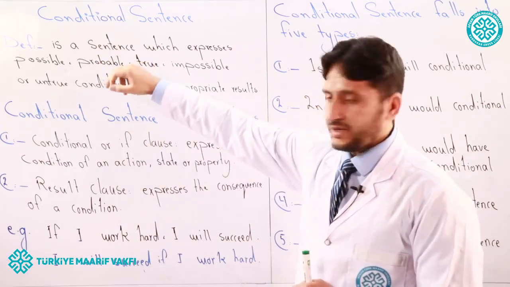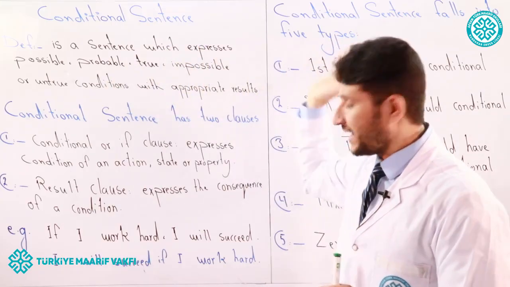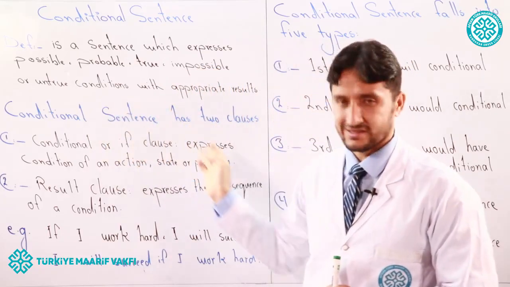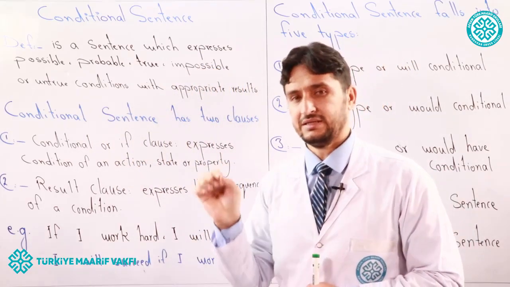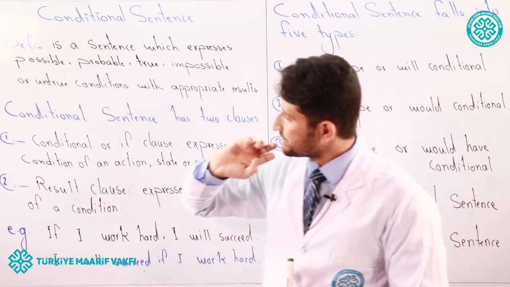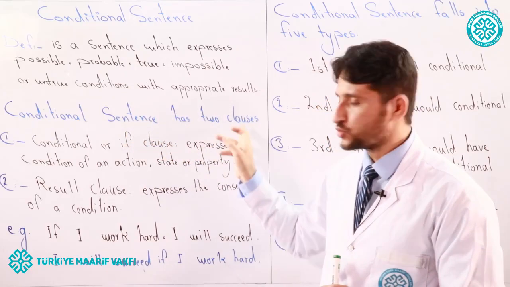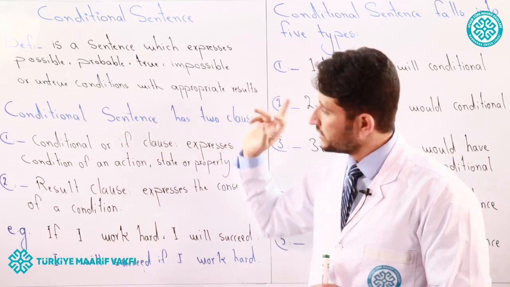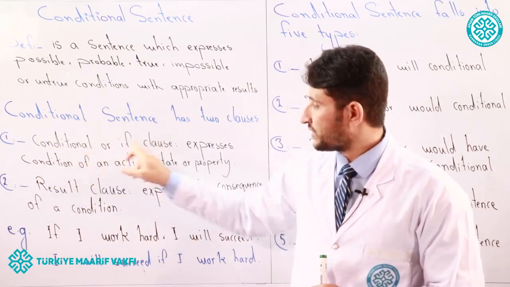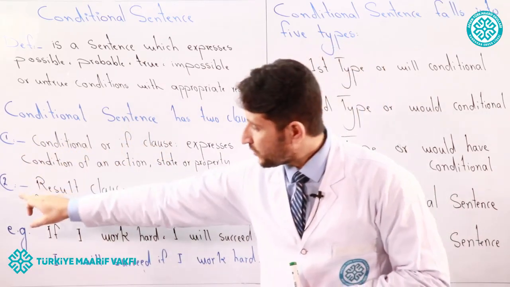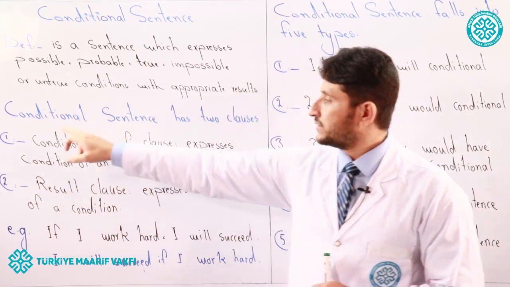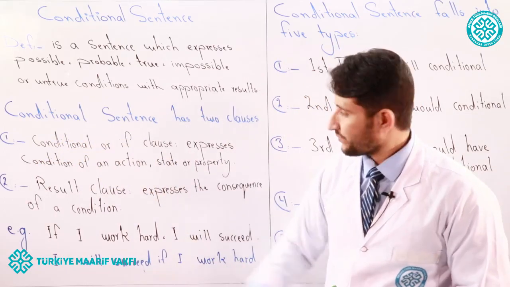So prior to going to types of conditional sentence, let's look at the clauses. How many clauses is each conditional sentence made up of? Well, dear students, conditional sentence has 2 clauses. The first one is conditional or if clause. The second one is result clause. What is a conditional or if clause?